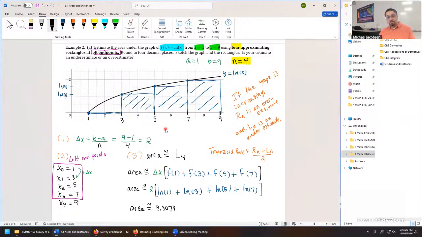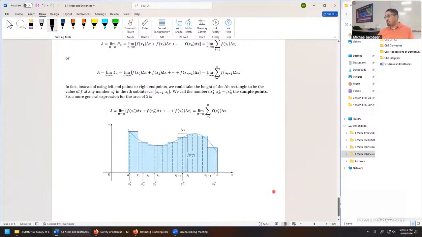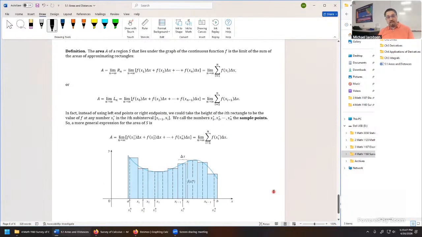Like we mentioned quite a bit, if the number of approximating rectangles gets larger and larger and larger, this approximation becomes more and more precise, closer to the true actual area of this curve. What that means is, if you want to define the actual area under this curve, here's what it looks like. It's a bit of a mess, but hey, we have the exact area.